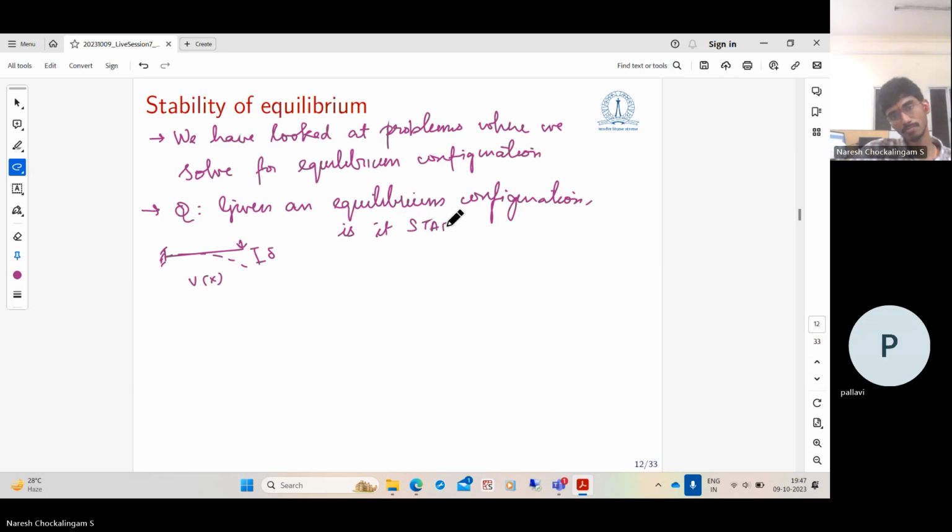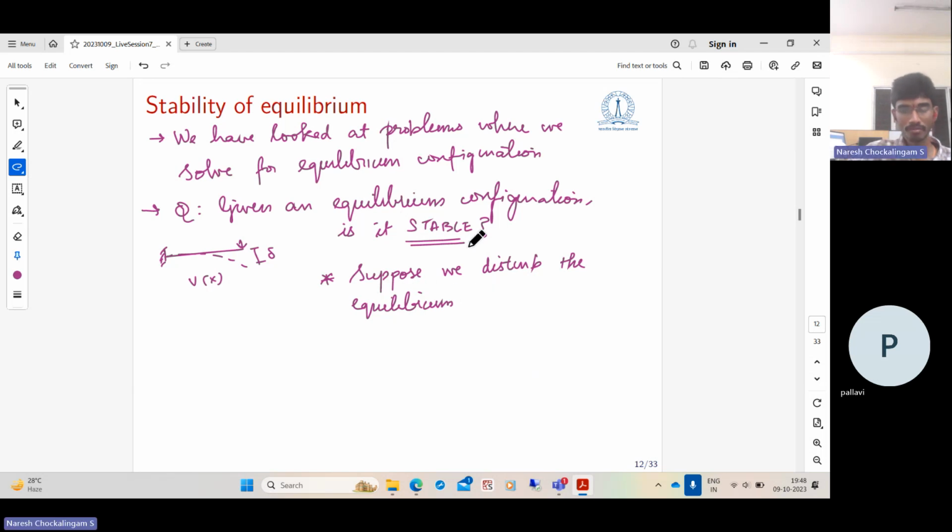What do we mean by is it stable? Suppose we disturb the equilibrium configuration. So suppose we apply a small displacement or a small force and take the structure from the equilibrium configuration to some other slightly perturbed configuration.